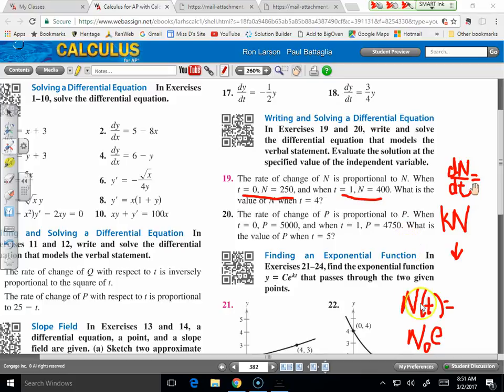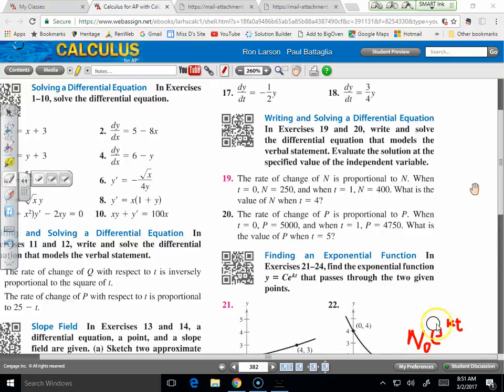So we can use some of the information they've given us to find the k, find the n sub naught, solve, plug in, chunk, right? If you guys notice, in homework, they are slowly building to the word problems. I think I only gave you one complete word problem question, one hardcore A, B, C, D type. The rest of them, you're using clues for stuff.